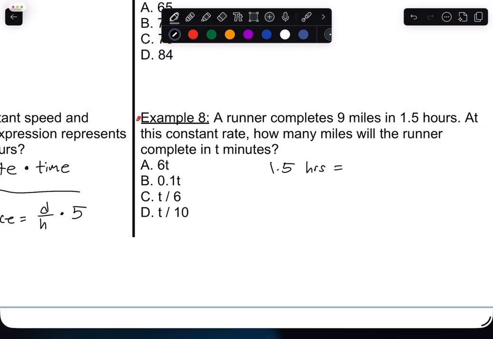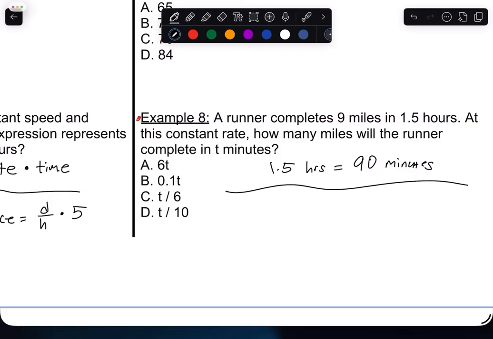Well, we know 60 minutes is 1 hour. Therefore, half of 60 minutes is 30 minutes. So 1.5 hours is going to be 90 minutes. We know that fact. So even though I'm saying 9 miles is equivalent to 1.5 hours, we could technically say 9 miles is equivalent to 90 minutes.